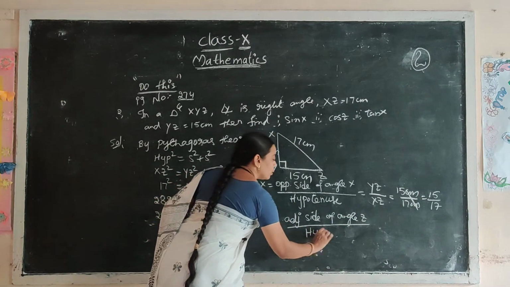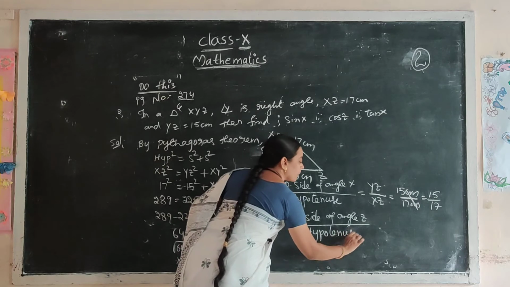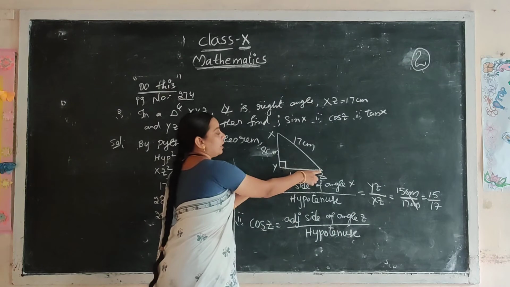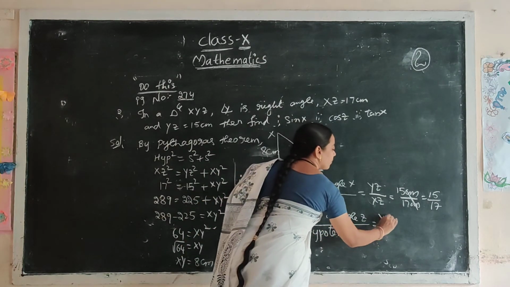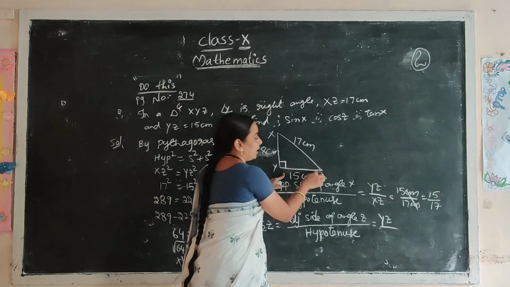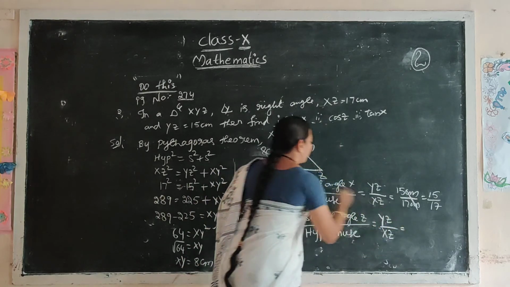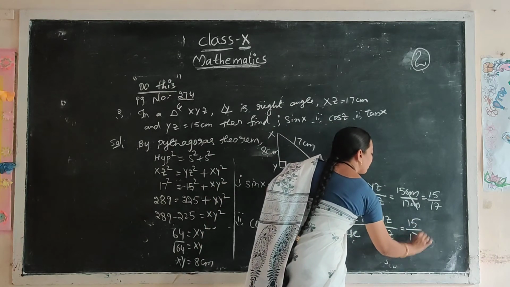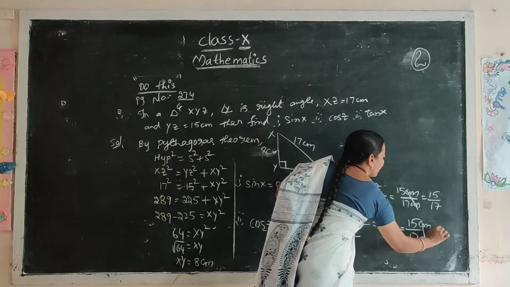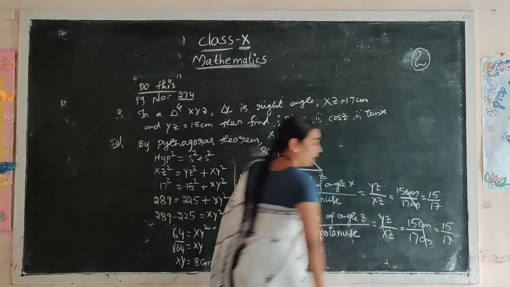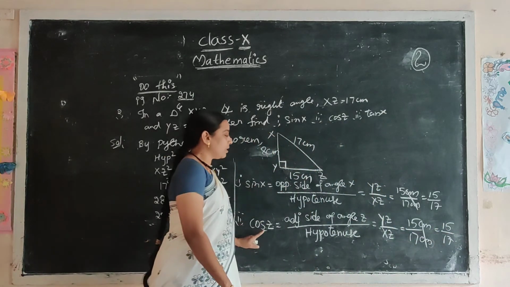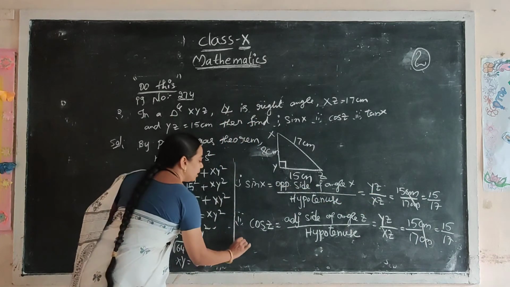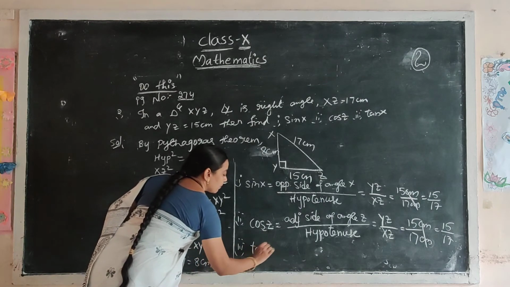Here for cos z, the adjacent of z is YZ and the hypotenuse is XZ. So the YZ value is 15 and XZ is 17, that is 15 by 17. Here the angles are changed, so that's why sin x and cos z both give the same answer, 15 by 17.